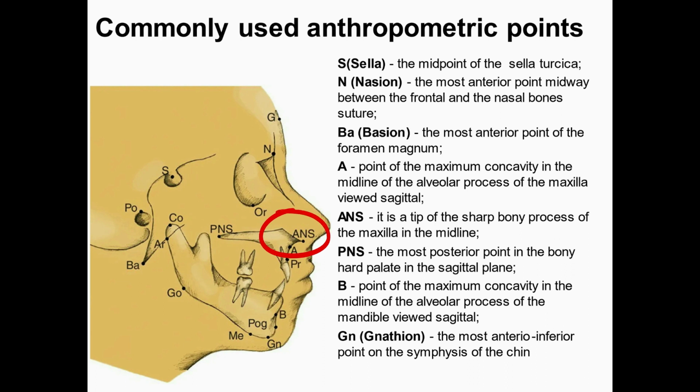It is the tip of the sharp bony process of the maxilla in the midline.